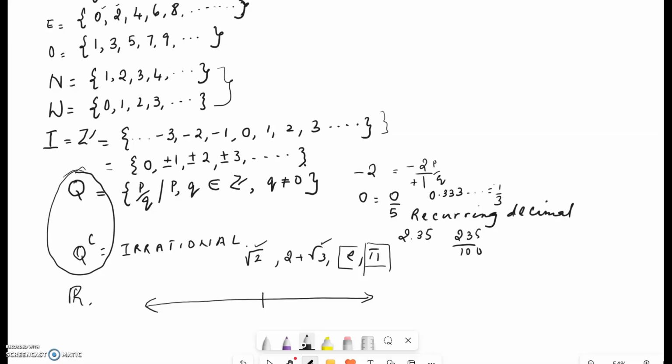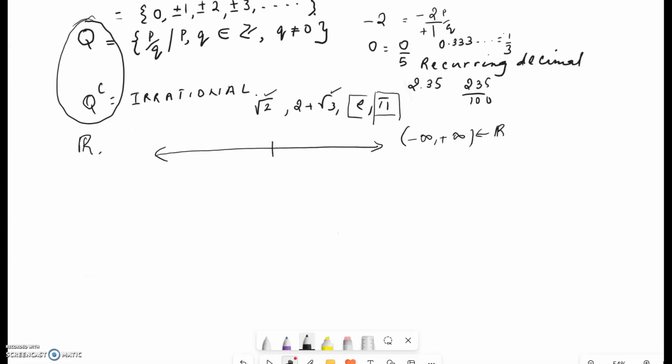So the combined set of rationals and irrationals, so you would say you unite these two sets and that would be the set of real numbers. Every little point on this number line is a real number, and in interval notation, the set of all real numbers is negative infinity to positive infinity.